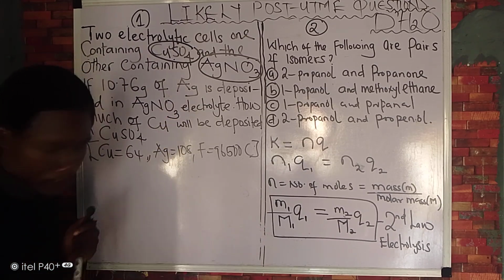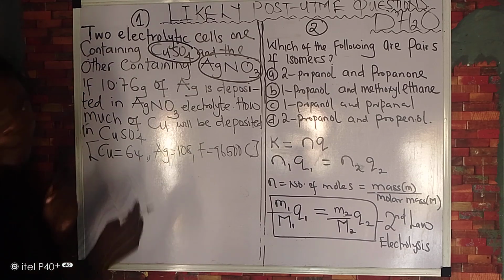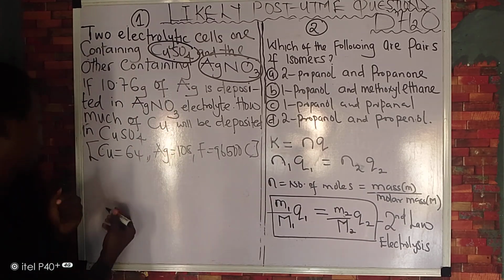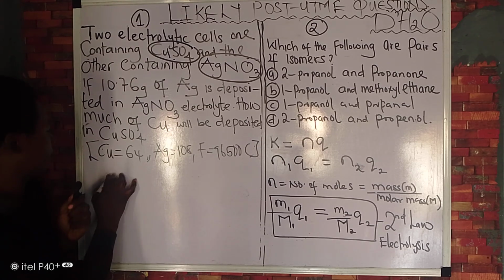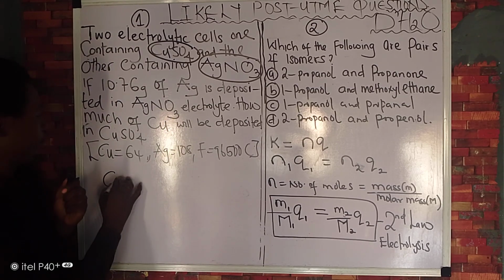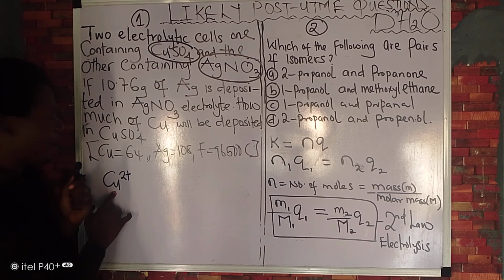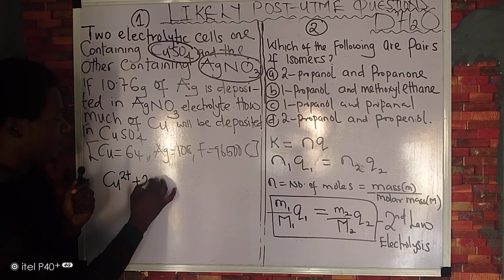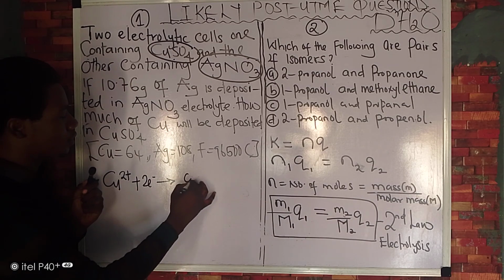Let's do this quickly. The two electrolytes here are copper sulfate and silver. If you take it carefully, copper has an oxidation state of 2, so to balance copper, you need 2 electrons to deposit copper.